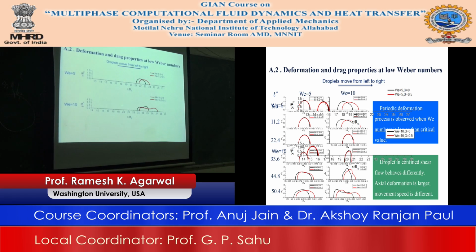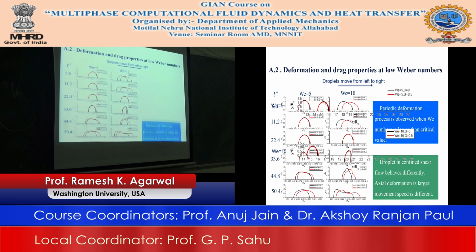What you find here is that there is no breakup, but the stretching is lower, which we showed before. Now at different times, this is a frozen picture. We already know what it is, whether you have stretching or not based on the uniform or shear flow, right?